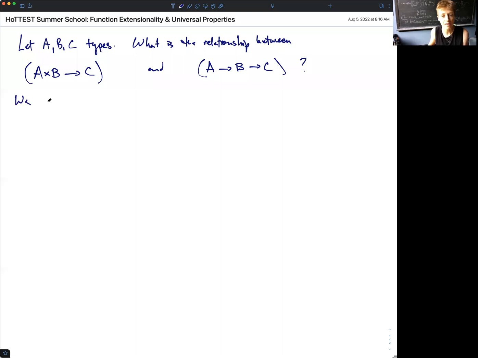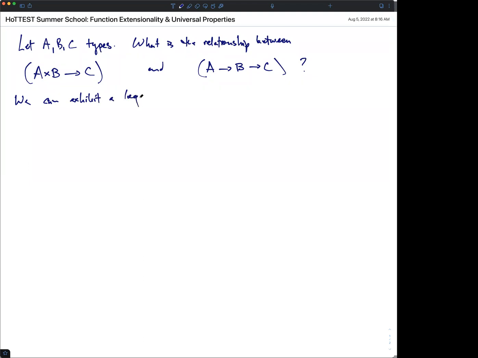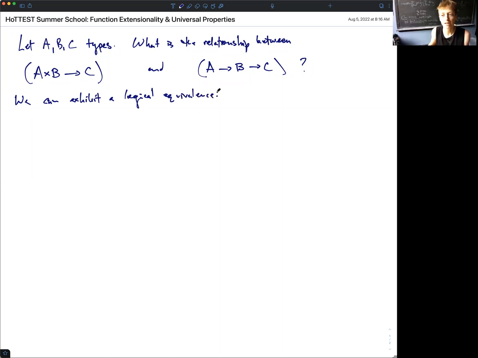So we can exhibit a logical equivalence, meaning I can define a function that will take as input a term of this left-hand type and give as output a term of this right-hand type.